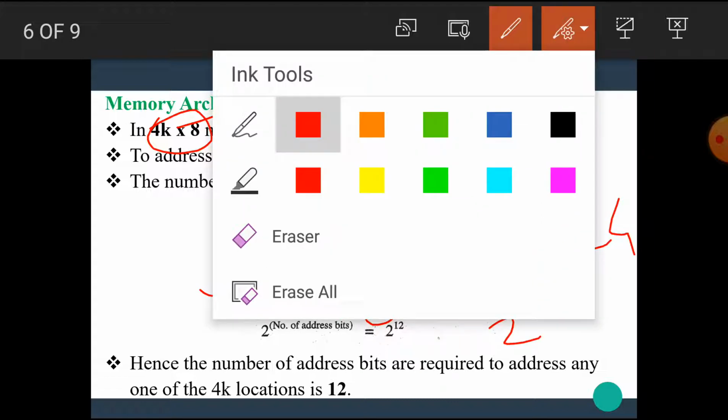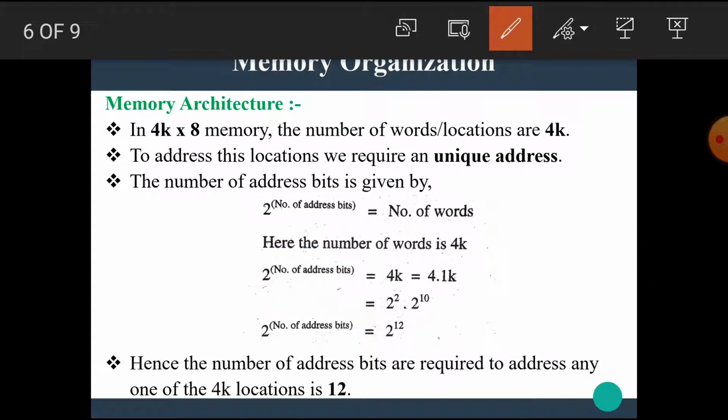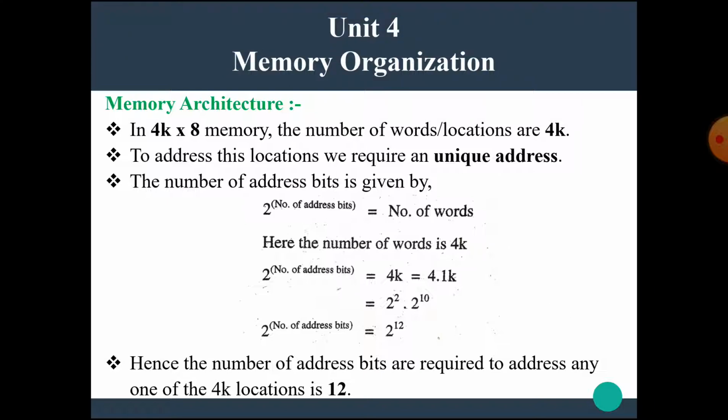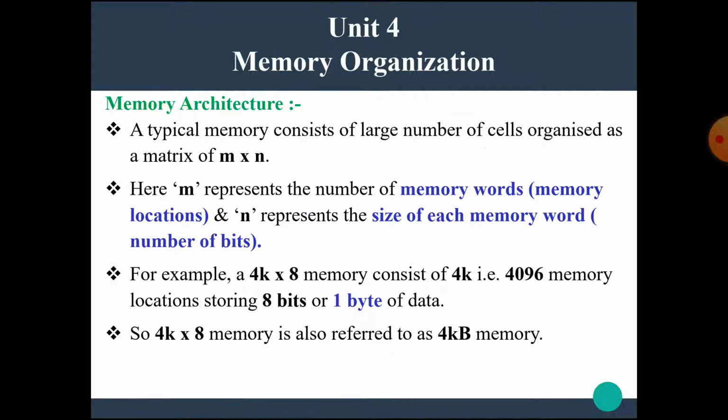That means we get 2 raised to 2 into 2 raised to 10, that is 2 raised to 12. Here we get 2 raised to number of address bits is equal to 2 raised to 12. That means the number of address bits is 12. I hope you all understand these calculations and how to calculate the number of address bits.